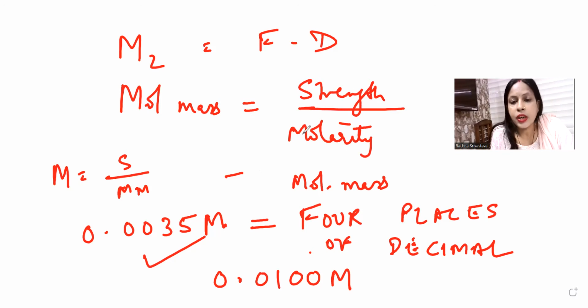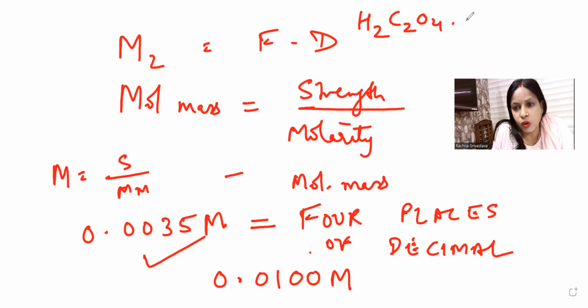Now, in this case, what you will do is strength upon molarity. Molarity will be the molarity of oxalic acid because the question says H2C2O4 dot X H2O. Water of crystallization you have to calculate. Because of this X, you cannot use the simple manual calculation for molecular mass.